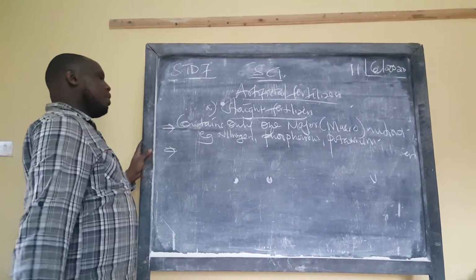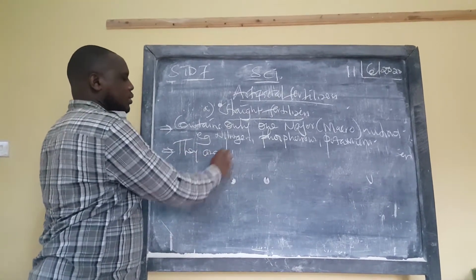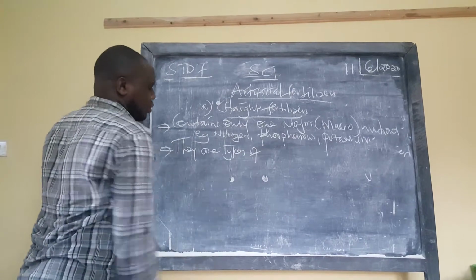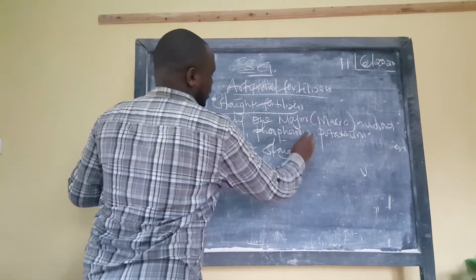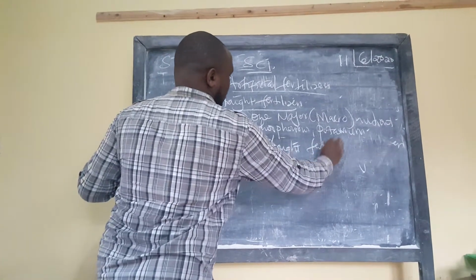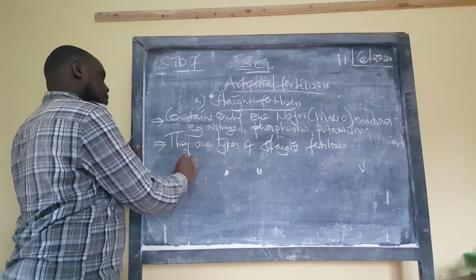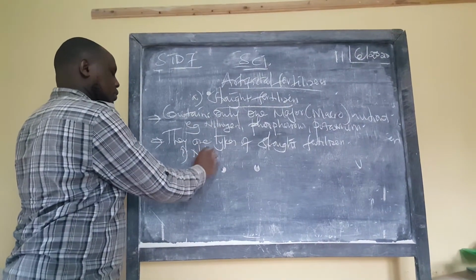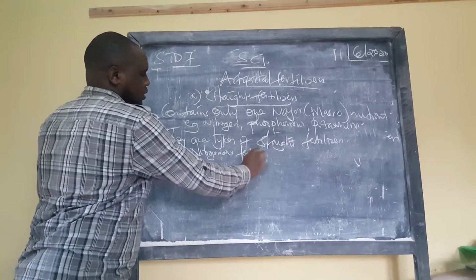So in this case we have three. There are three types of straight fertilizers. Number one, we have what we call nitrogenous fertilizers.